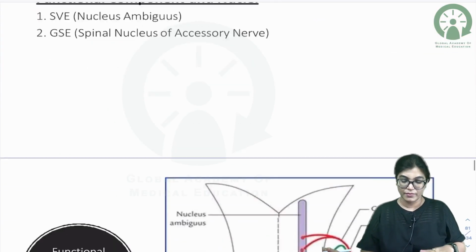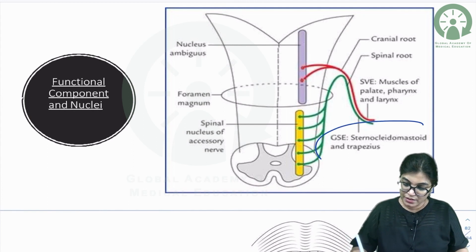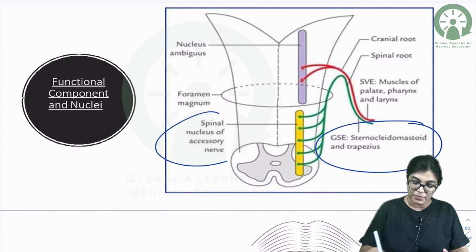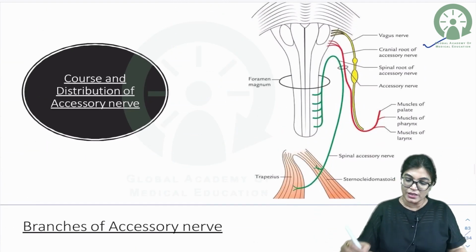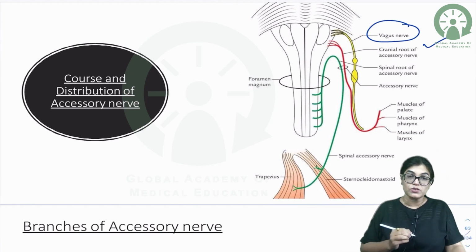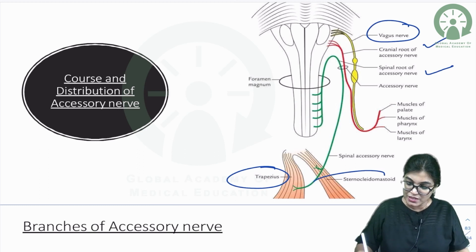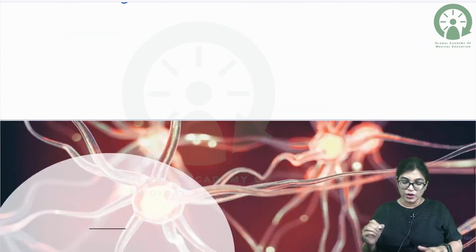So see here, the sternocleidomastoid and trapezius muscles get innervation from the spinal part of the accessory nerve. The cranial part of the accessory nerve runs along with the vagus, so it is called accessory. So, cranial root and spinal root we have talked about.